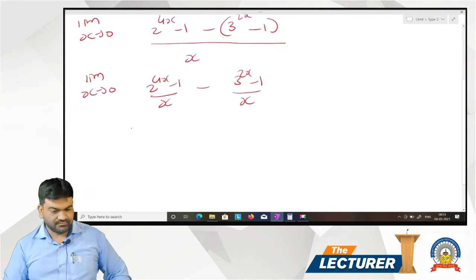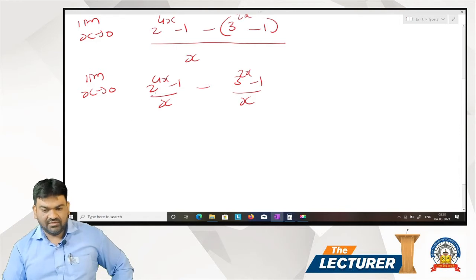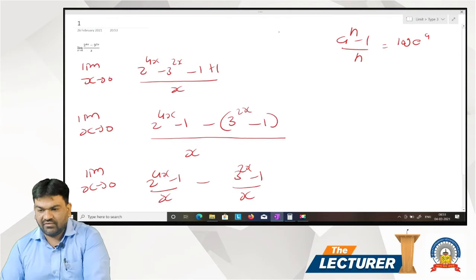Here we take limit 2 raised to 4x minus 1, 3 raised to 2x minus 1. This is the rule, a raised to h minus 1 divided by x.